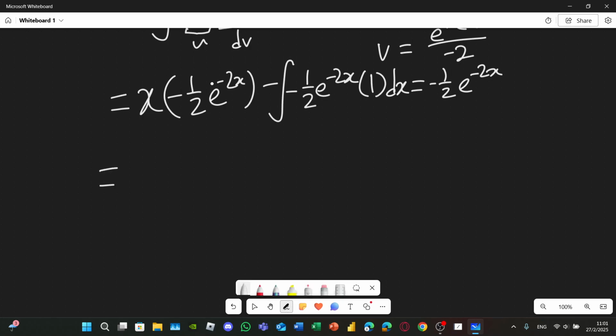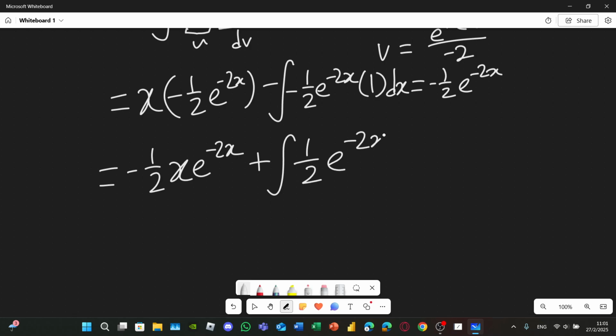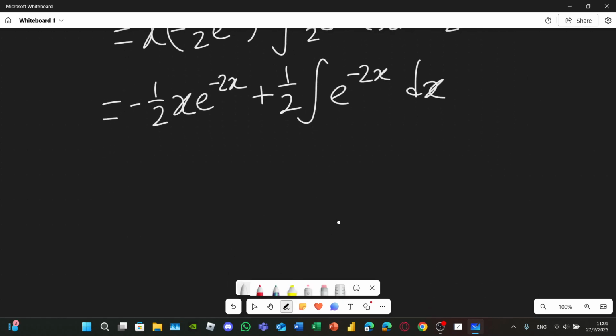Then I can go on to evaluate this one first. Negative half of x, e to the power negative 2x. I can take out the negative, so I get a plus. The integral of half e to the power negative 2x dx. I can take out the half as well, since it's just a constant. And then this integral is so much easier to work with.